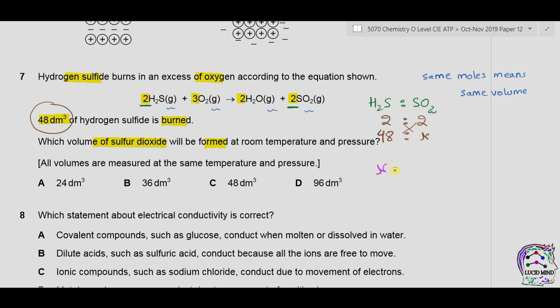The volume of sulfur dioxide formed will be 48 into 2 divided by 2. So it is 48 decimeter cube. As in the equation the number of moles were the same, the volume is also the same. The answer is therefore C.